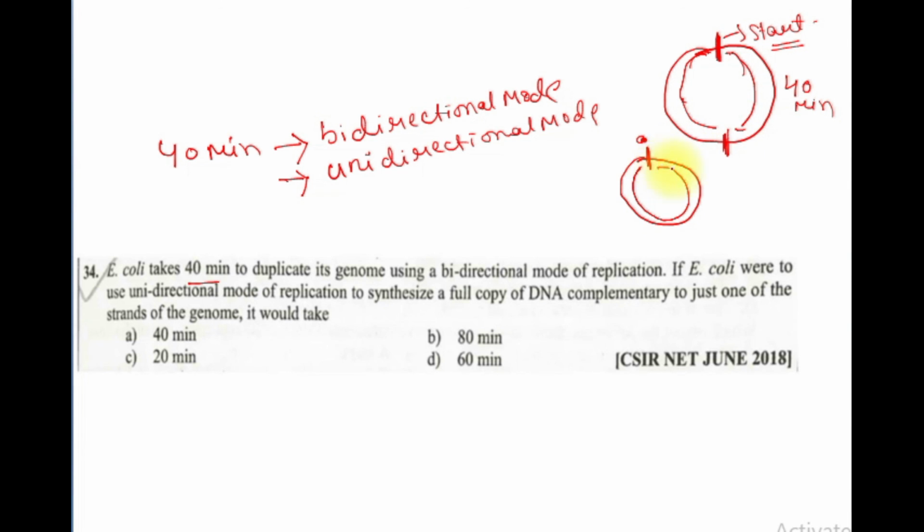If it is completing the cycle up to here, how much time will it take? 40 into 2, that is 80 minutes, because it is replicating in one direction. It will take double the time. If here it takes 40 minutes, in this case it will take 80 minutes.